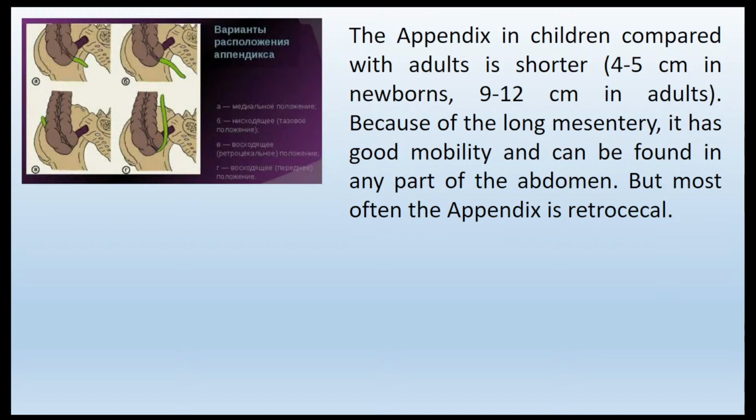Because of a long mesentery, it has good mobility and can be found in any part of the abdomen, but most often the appendix is retrocecal. In the picture you can see different positions of the appendix, especially at an early age.